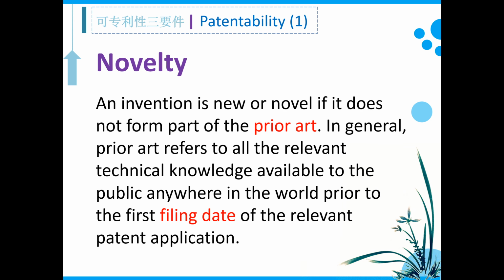But compared to the technologies that might be disclosed tomorrow, next week, next month, this invention here might be old. You see, whether the invention is new or old is a comparative or relative issue.